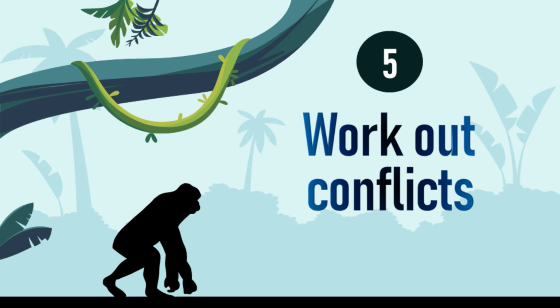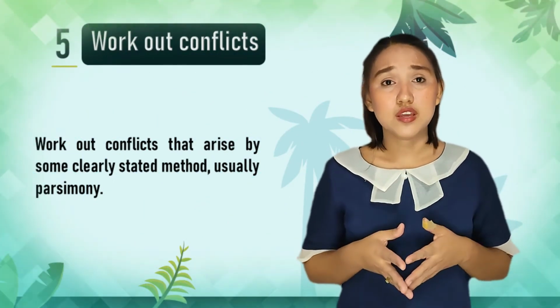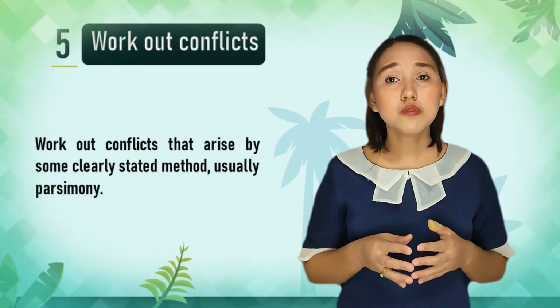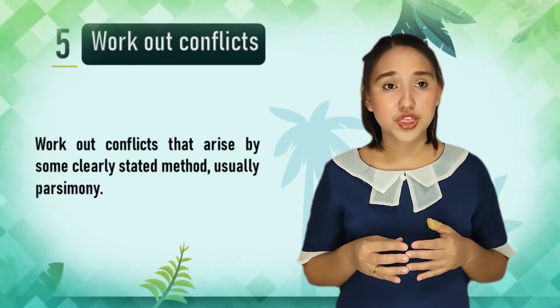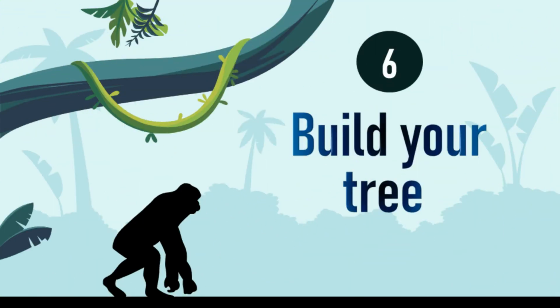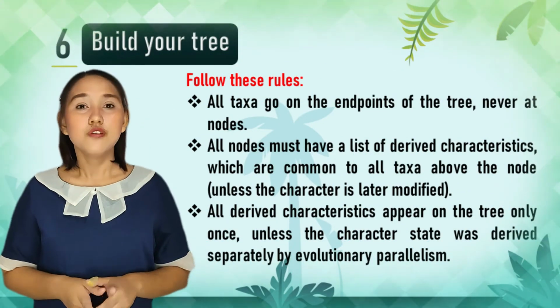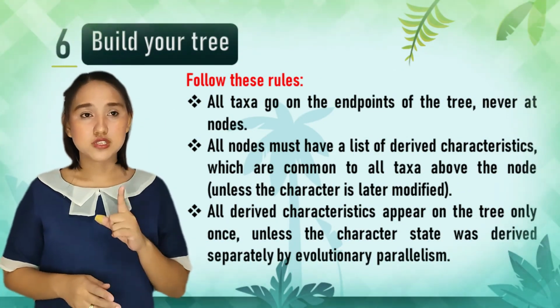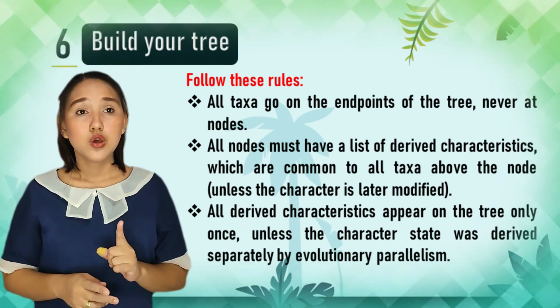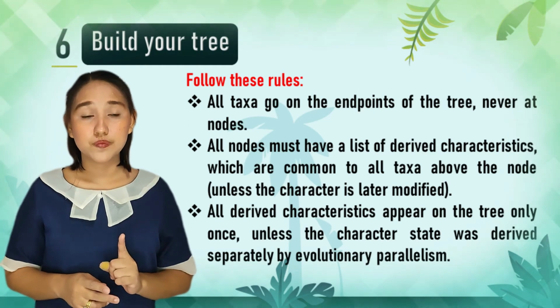Step 5. Work out conflicts. Work out conflicts that arise by some clearly stated method, usually parsimony. Lastly, Step 6. Build your tree. Follow these rules. First, all taxa go on the end points of the tree, never at nodes.